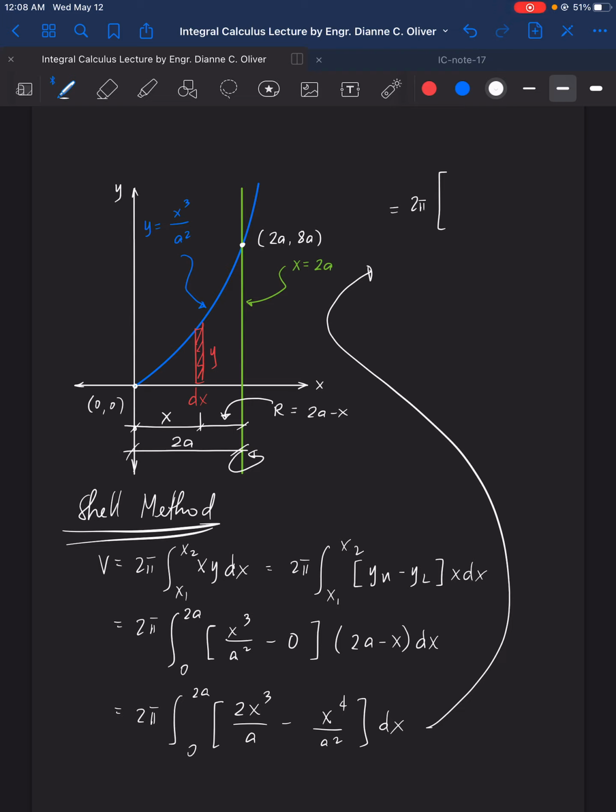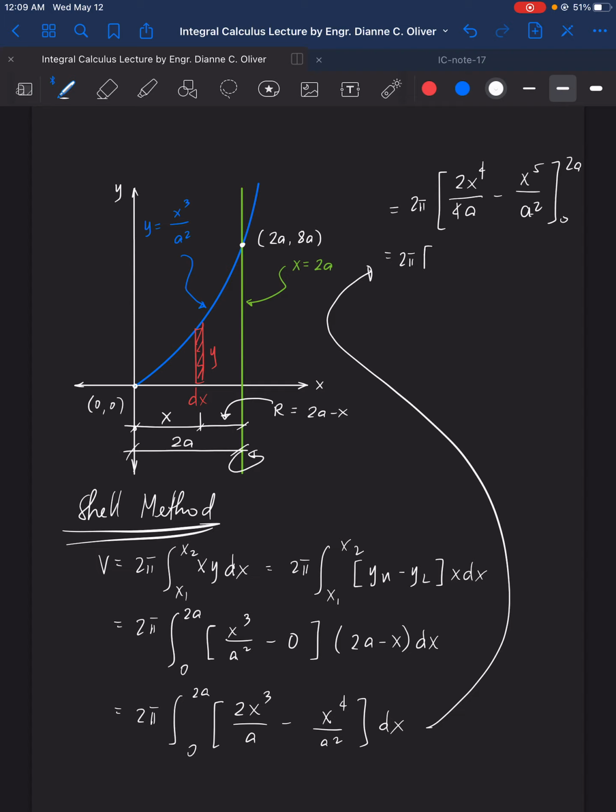Okay, so this becomes 2x raised to 4 over 4a minus x raised to 5 over a squared, from 0 to 2a. And substitute the value for 2a.